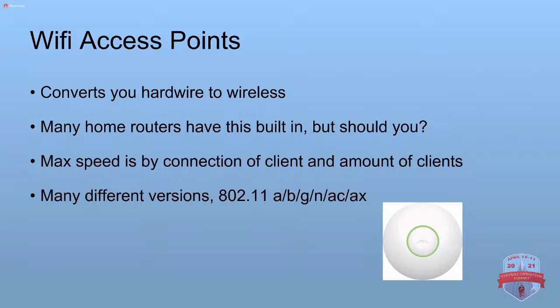UniFi has a whole line that you can basically do your complete network. Routing, switching, Wi-Fi. They now do access doors, your security. They have cameras. They do point-to-points if you're shooting 700 feet to try to get some connection far away. They do it all. So I really recommend looking into UniFi for your home.